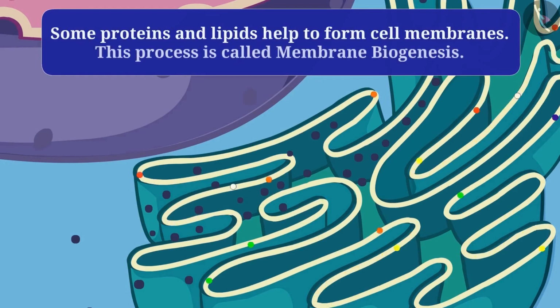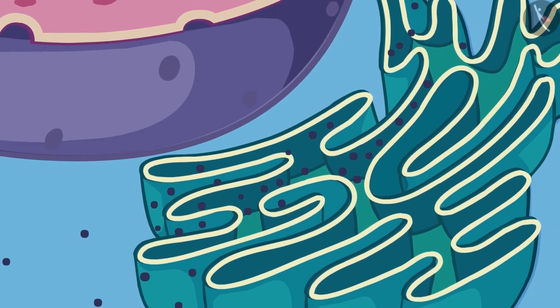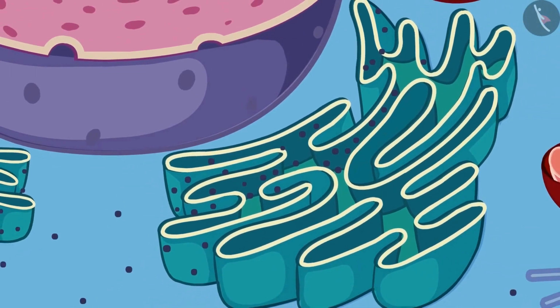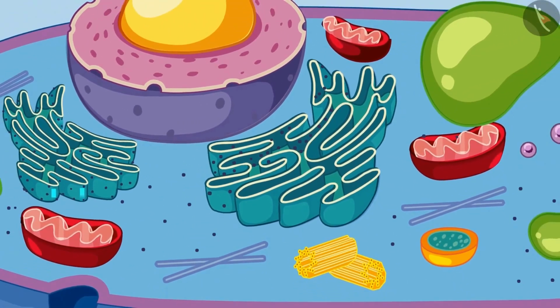Some proteins and lipids help to form cell membranes. This process is called membrane biogenesis. And some proteins and lipids act as enzymes and hormones. So friends, it's the endoplasmic reticulum that gives way to synthesize basic biological molecules of the cell and move them to different parts of the cell.